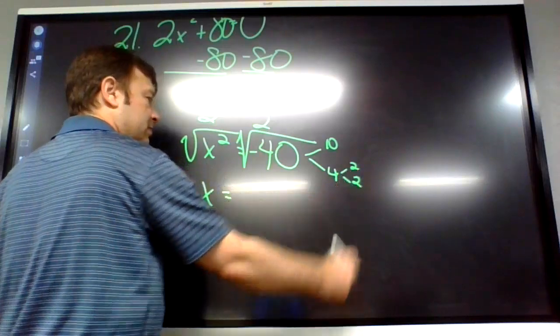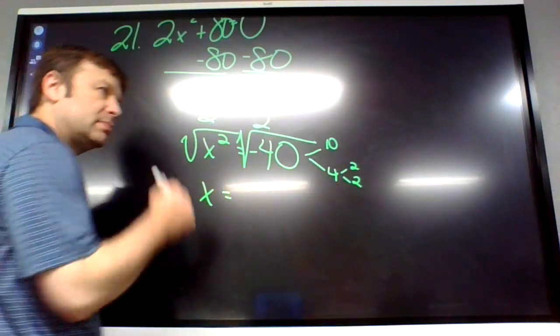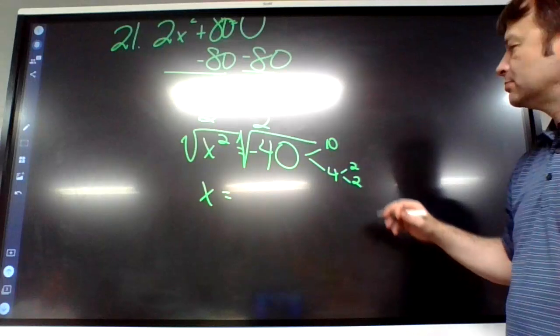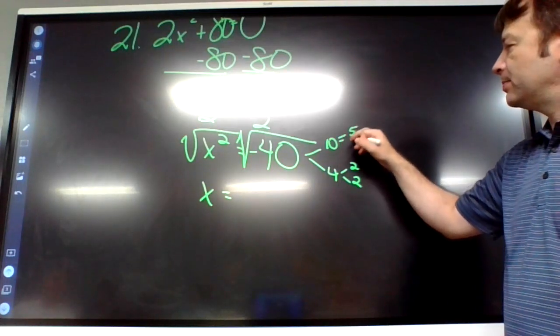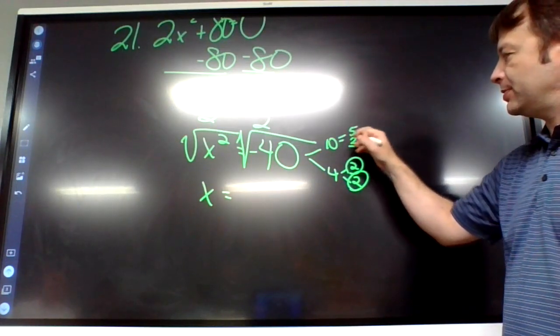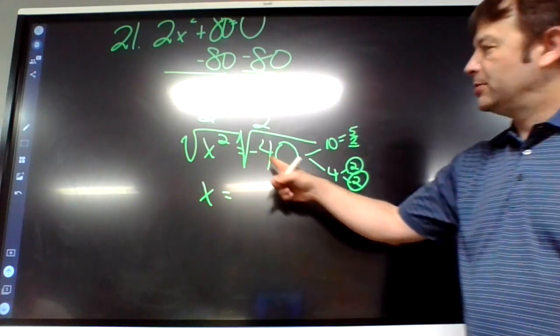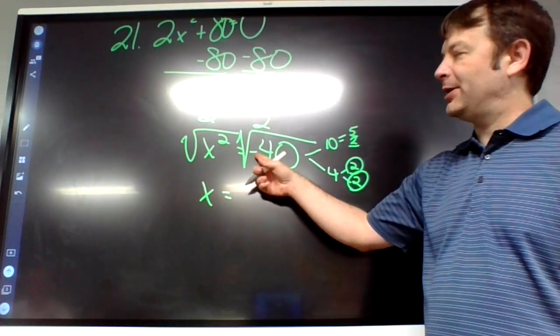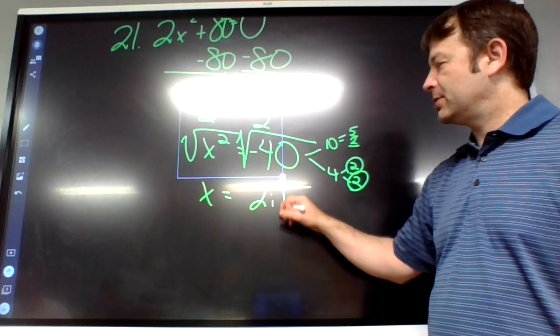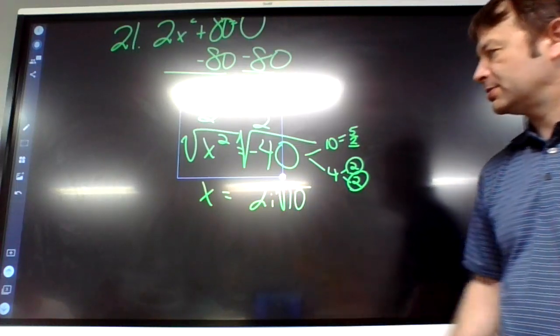Dude, when you were grading the paper, I thought you were saying 40 pi. Good luck, buddy. So it simplifies to 2 square root of 10. But because there's a negative right there, it's 2i square root of 10.